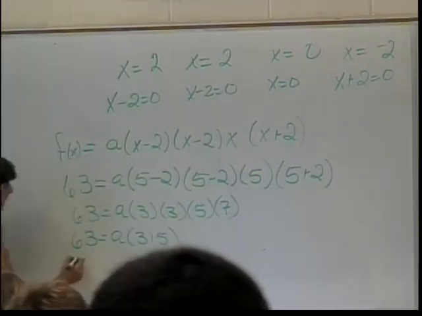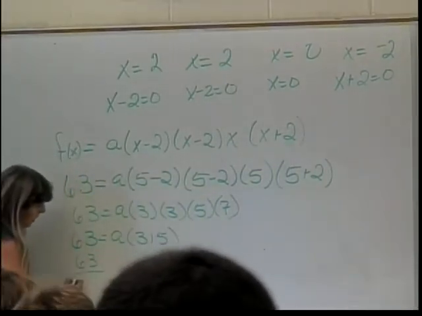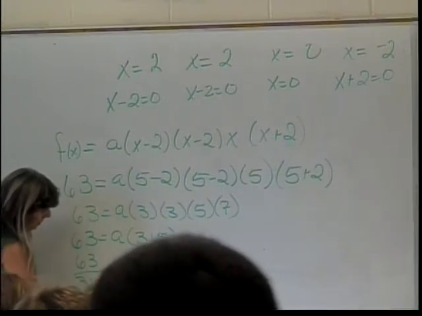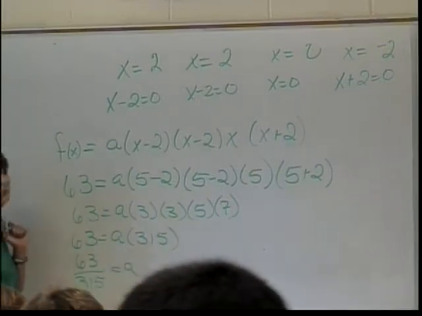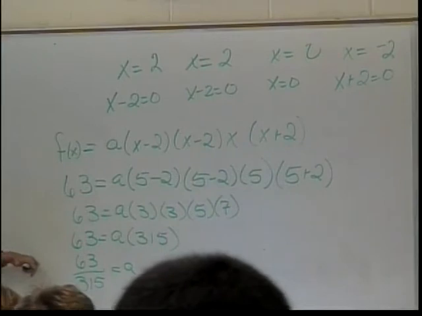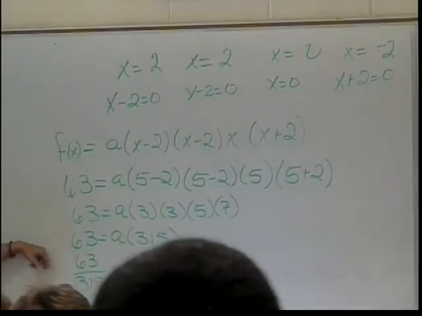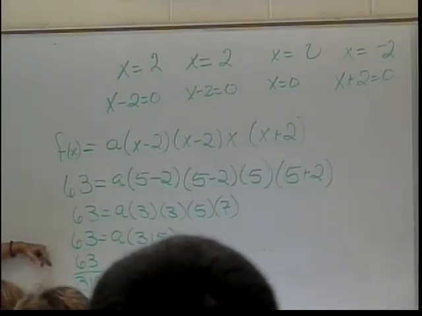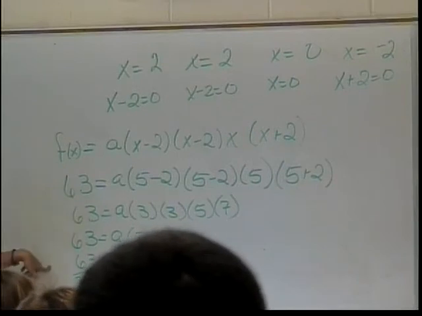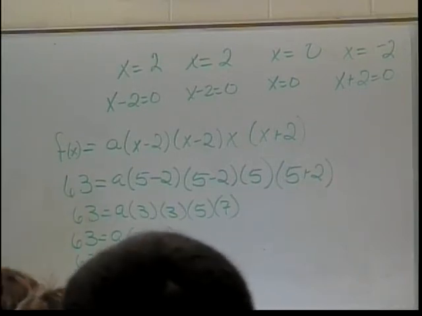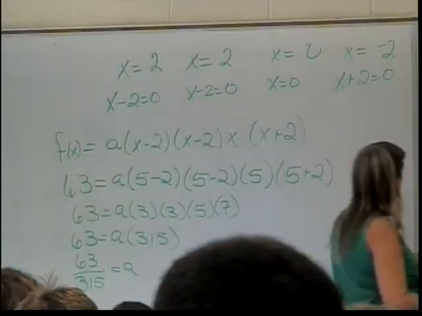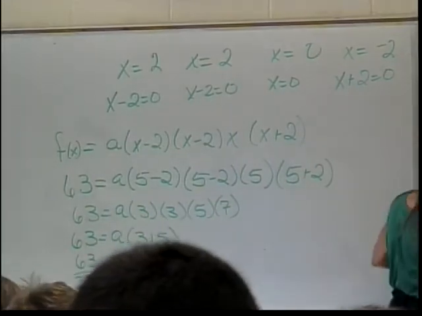When I divide 63 by 315, I will have what a is. You can simplify that if you want, you do not have to. Some of you may have already looked at it and go, oh, that's 1/5. If you don't see that, it doesn't matter. But am I done with my polynomial? Not quite. I now know what a is, so I need to finish writing my polynomial.